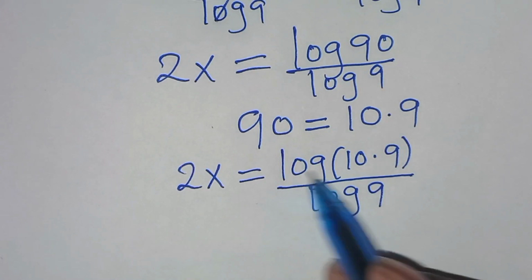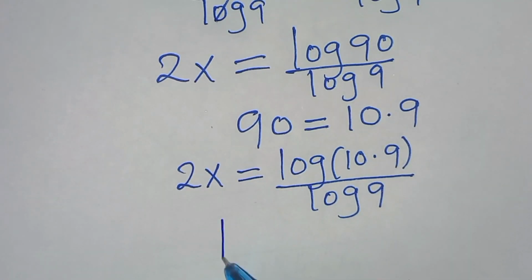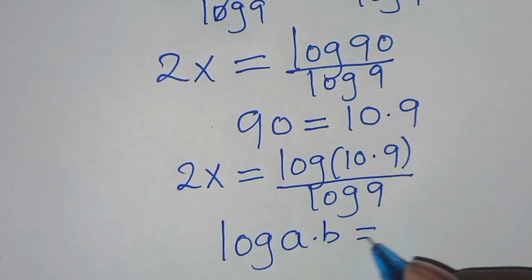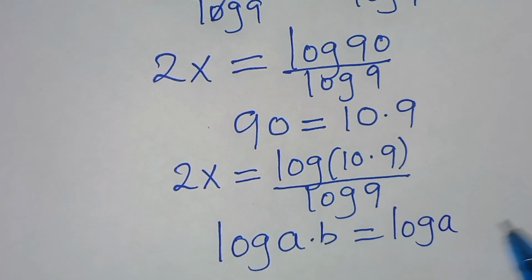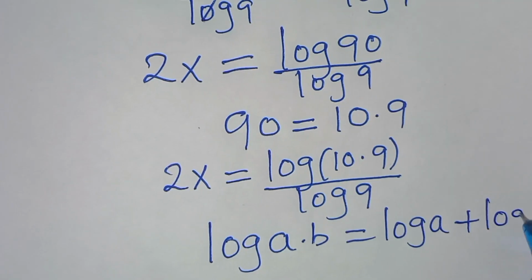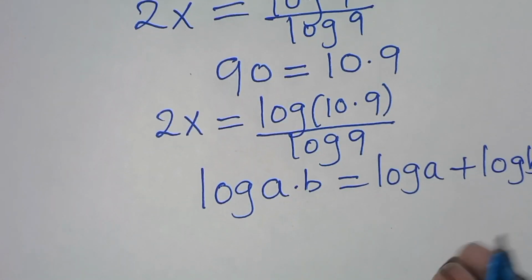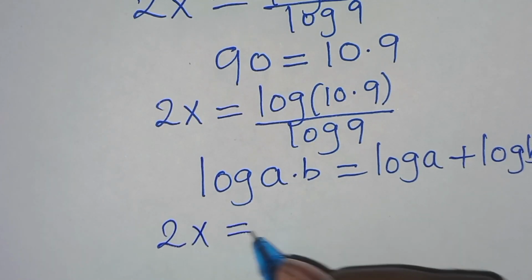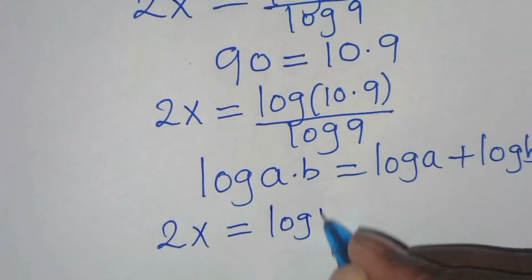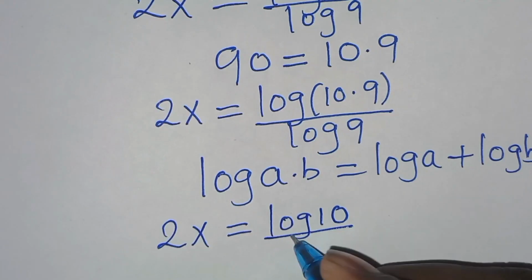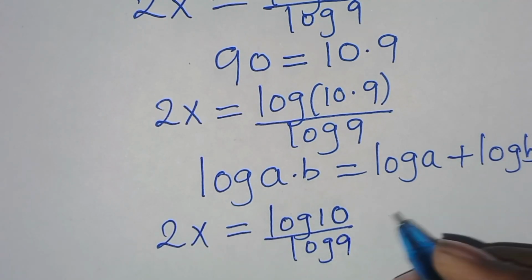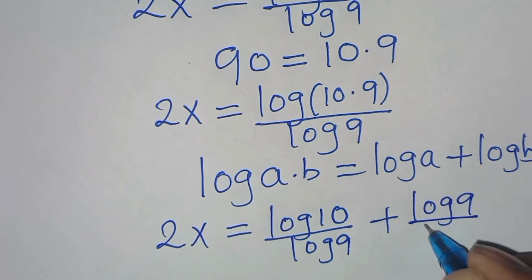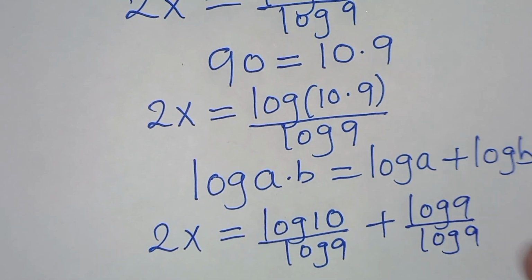So we have that log 10 times 9, this is in the form of log a times b, which you can express as log a plus log b. Applying this logarithm property, then we have 2x is equal to log 10 divided by log 9 plus log 9 divided by log 9.